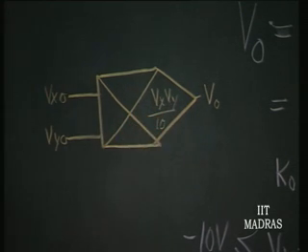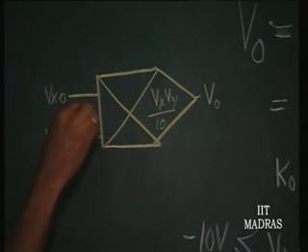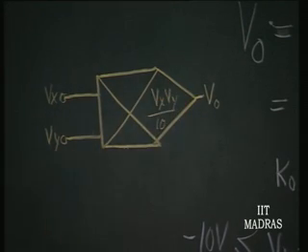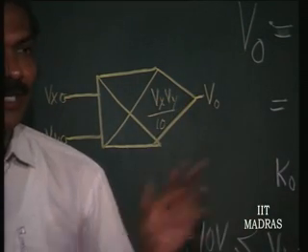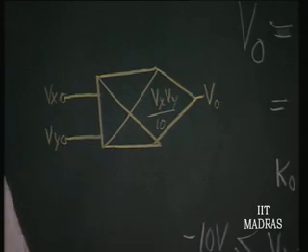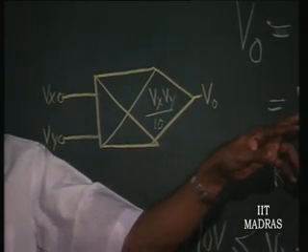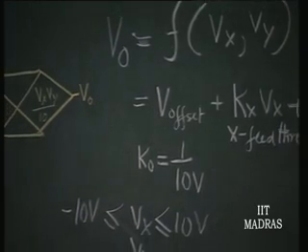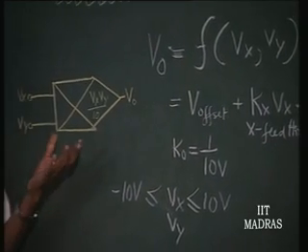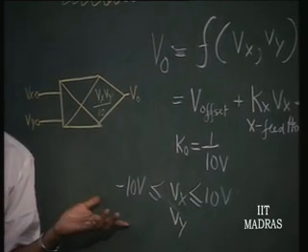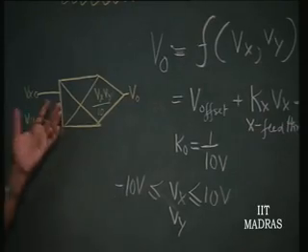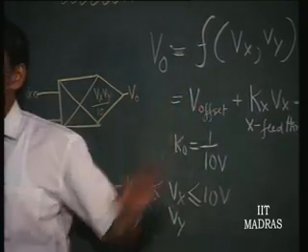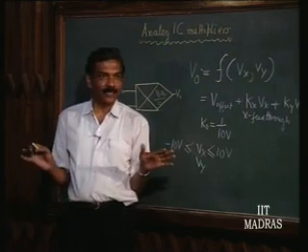It is automatically assumed that if you are using a standard IC multiplier and these outputs are given, you can take for granted that the constant of proportionality K naught has been adjusted to be 1 over 10 volts. So, this is basic to the design of IC multipliers. You can keep on connecting one multiplier output to the other, and it will be perfectly compatible because everything has been standardized.